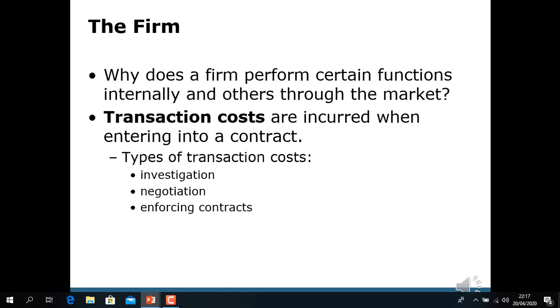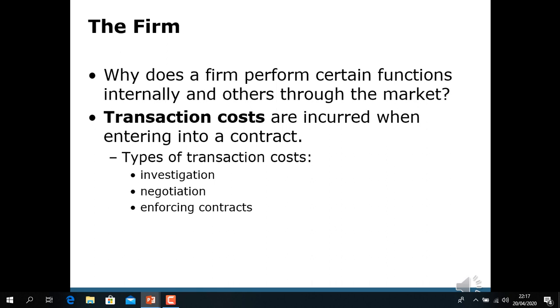But what are transaction costs itself? Transaction costs are, for example, costs incurred when signing a contract or interaction, and there are three types of transaction costs. The first type is investigation, which is the cost from search and information costs.